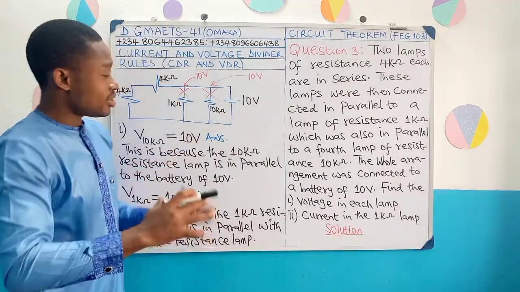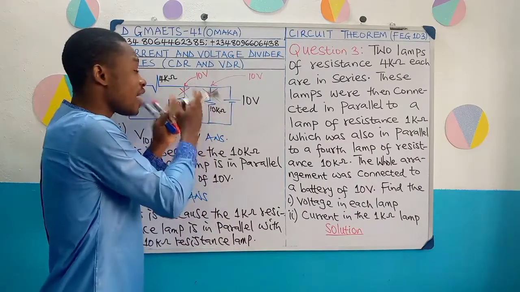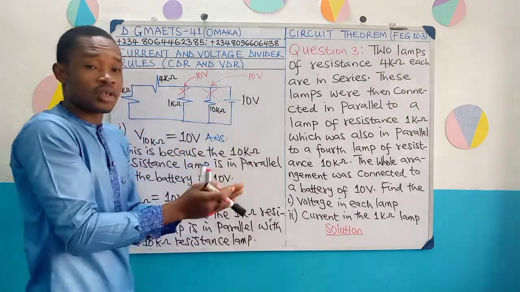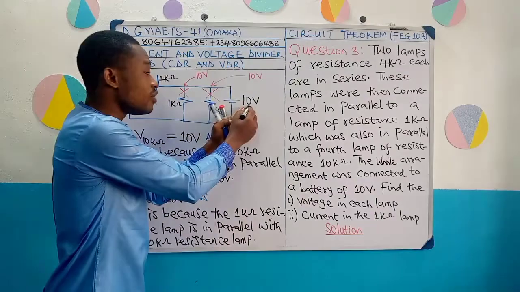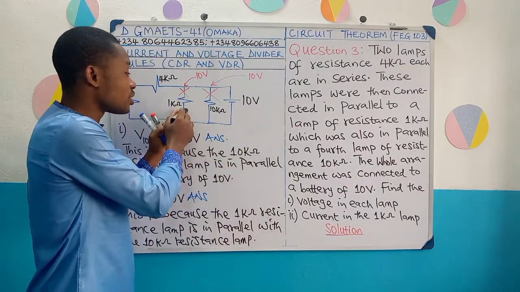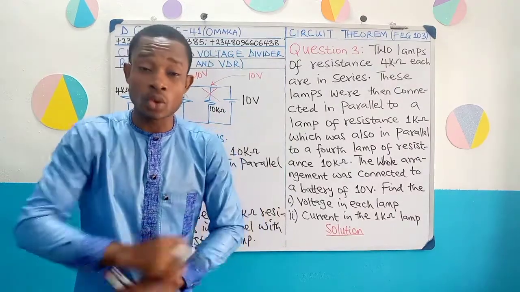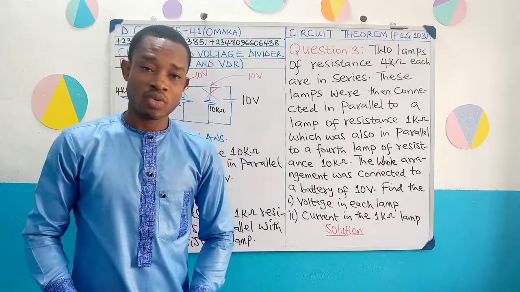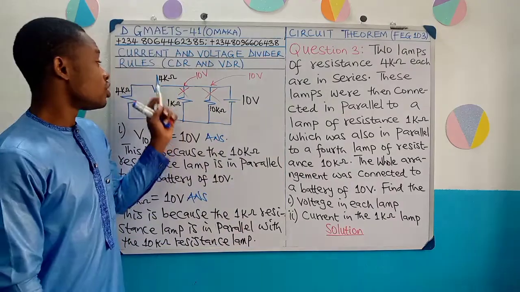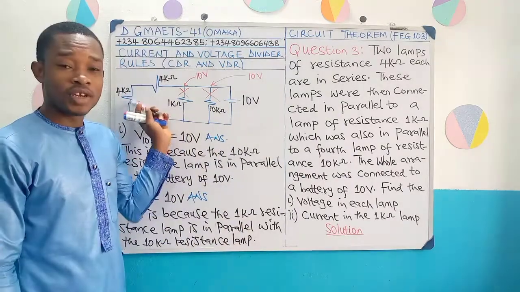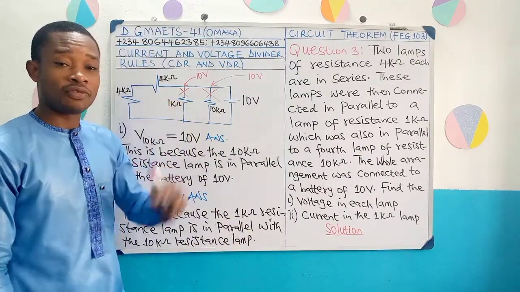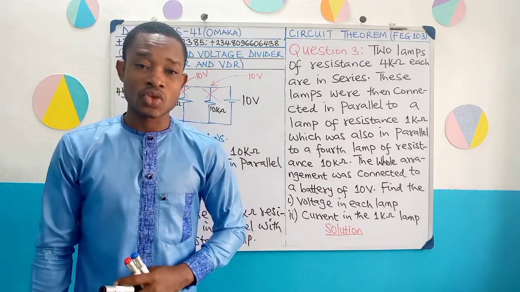I stated the reason why these two have the same voltage as that of the source. Because this is parallel to this, the voltage will be the same. This 1 kilo ohm resistance lamp is also parallel to this 10 kilo ohm resistance lamp, hence will have the same voltage as it. I will take a short break. When I'm back, we'll use the voltage divider rule to obtain the voltage across each of these 4 kilo ohm resistance lamps.